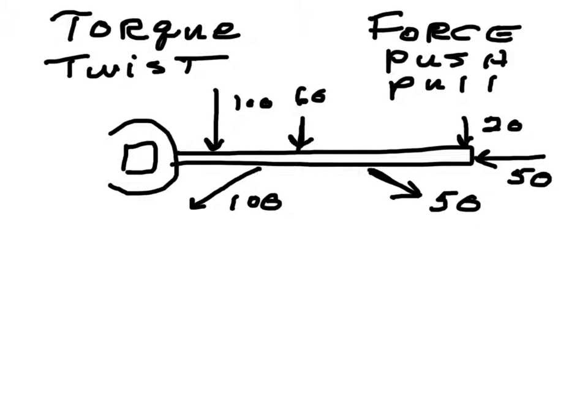Let's see if I can put this to scale. So that's 20. The 50s look good. Let's make the 60 a little bigger than the 50. Whoops. 20, 50, 60.